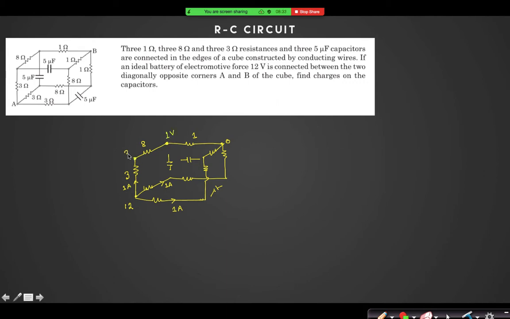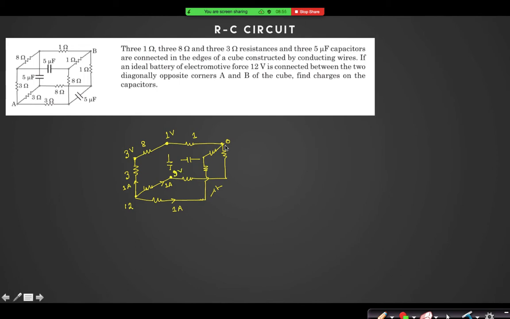This is 3 volt. This is 3 ohm. So that is also 3 volt. Sorry, this is 1 volt, and this is 3. So this 3 volt is voltage drop. So 12 minus 3, I think it will be 9 volt. Right?